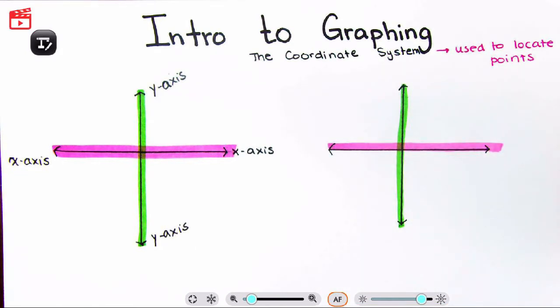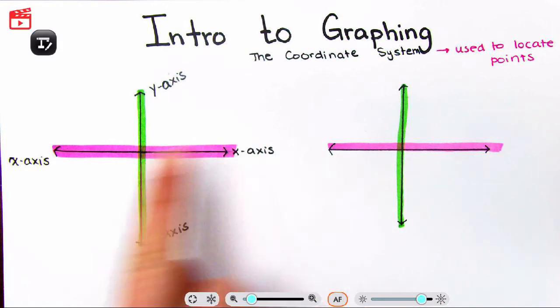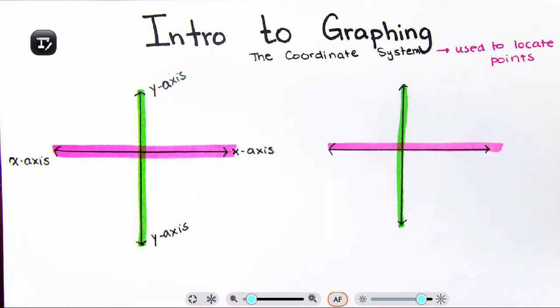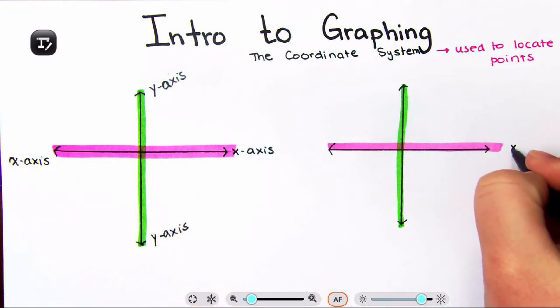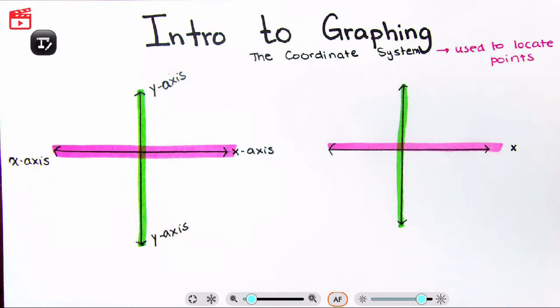So why do we care that we have an x-axis on the right and on the left? Typically you're going to see x written kind of like that, and y kind of like that, though if you draw it, you don't have to do that if you don't want to.